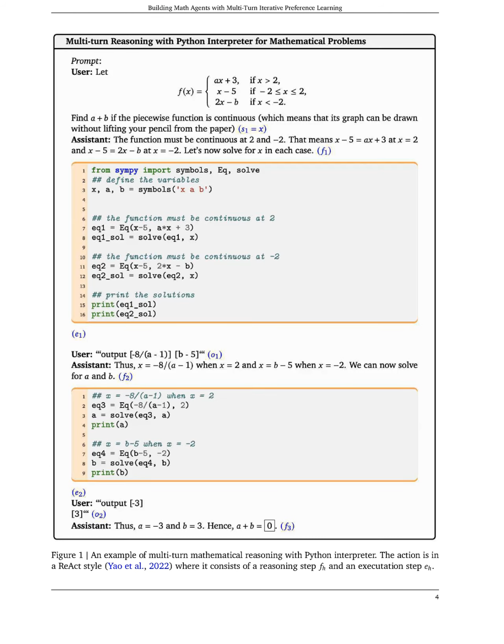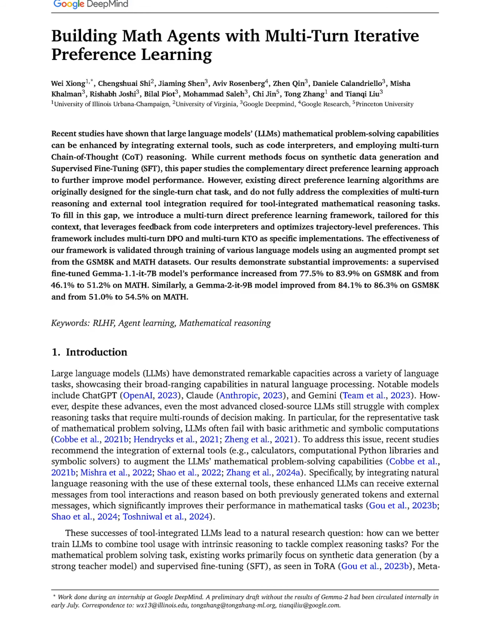This multi-turn interaction allows the model to refine its answer based on both its internal reasoning and the results from the external tool, ultimately arriving at the correct total of 72 clips sold. This example highlights how our multi-turn direct alignment algorithms, MDPO and MKTO, effectively integrate reasoning with external tool usage to enhance mathematical problem-solving capabilities.